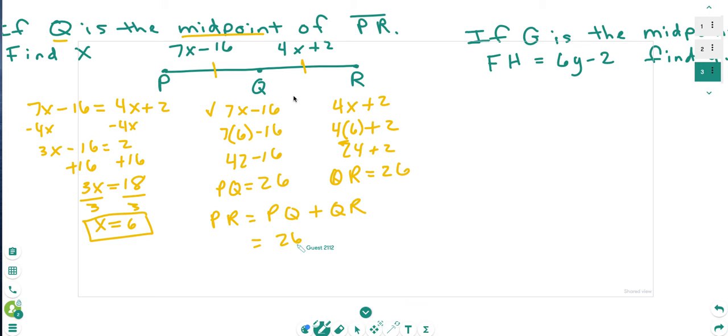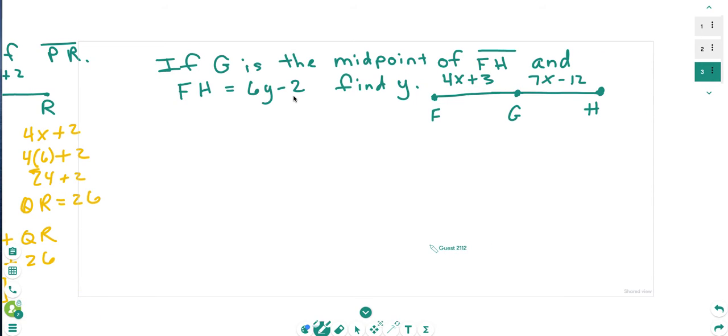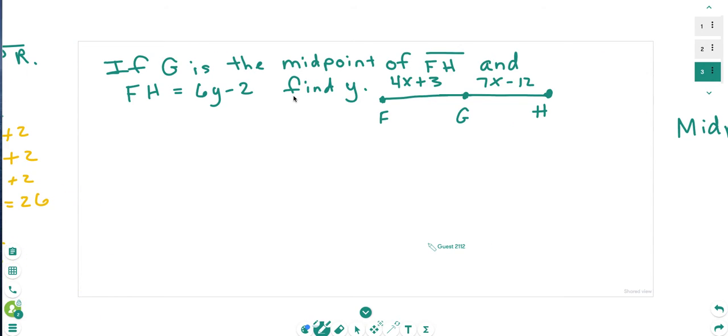PQ is 26. QR is 26. So PR is going to equal 52. So you can see how just knowing that a point is a midpoint, you're able to find a number of different missing measurements.